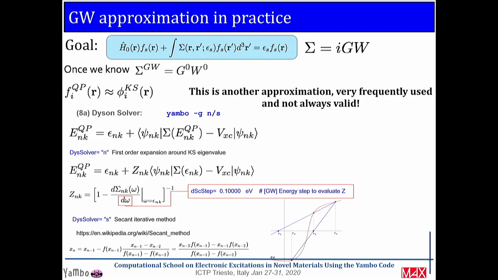So, with this approximation, now we can solve this equation, the quasi-particle equation. This is a nonlinear equation. What we can do is either expand around our Kohn-Sham eigenvalue and solve at first order. This is what is usually done. In Yambo, there are other alternatives, like a second iterative method, just an iterative method to find the root of our function.